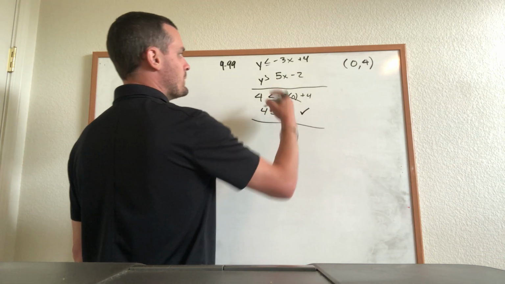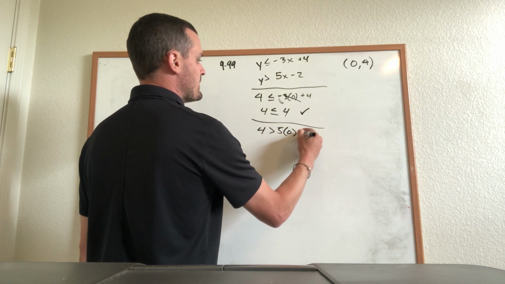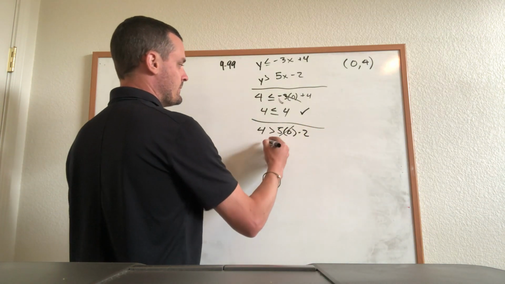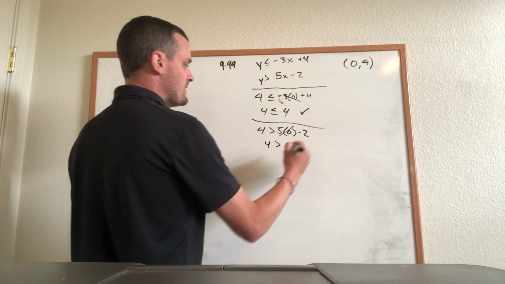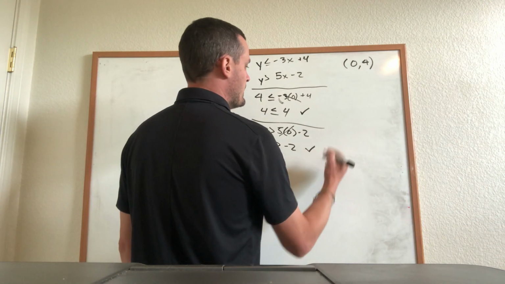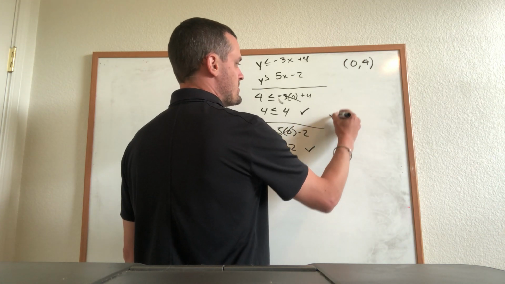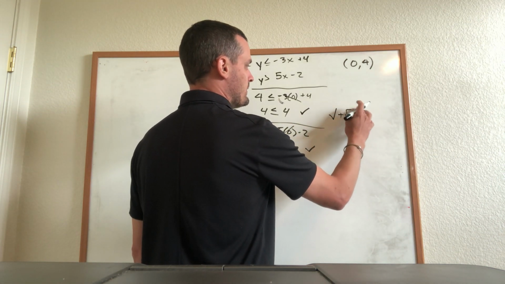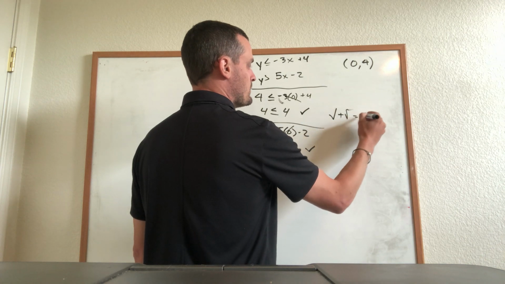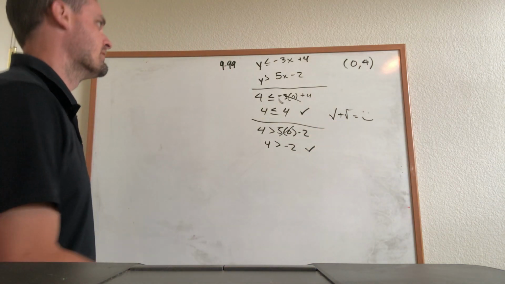Plug it into the other one: 4 is greater than 5 times 0 minus 2. That cancels. Is 4 greater than negative 2? It is. Since both work, check plus check equals happy face. They both work, so we know it's in the shaded region.